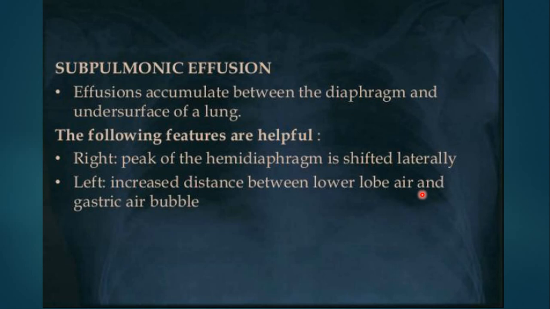If it's on the right side, you will see that the peak of the right hemidiaphragm, the dome of the right hemidiaphragm, is displaced more laterally. Okay, while if it's on the left side, you will see that the distance between the lower lobe and the air of the gastric bubble is increased. So there is a big distance between the lung and the gastric bubble. This might indicate a subpulmonic effusion. In this case, you possibly need a CT scan to confirm that there is a subpulmonic pleural effusion.